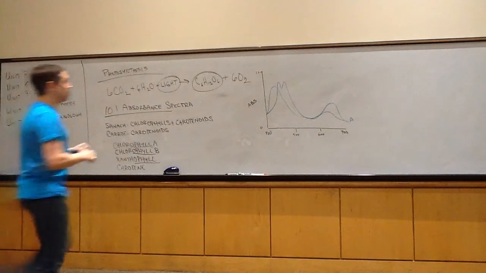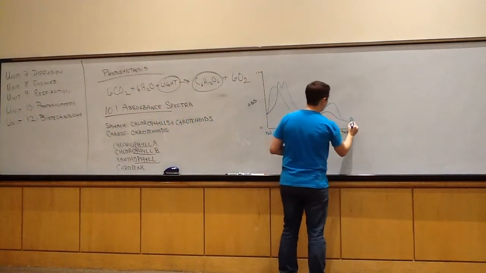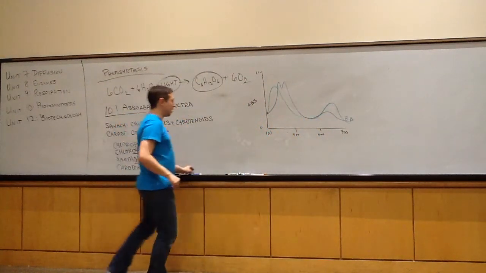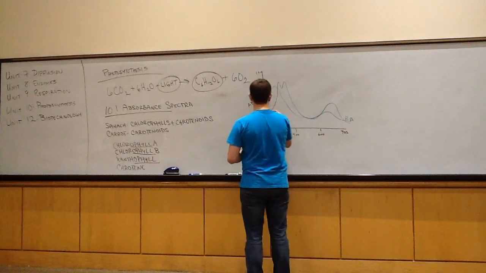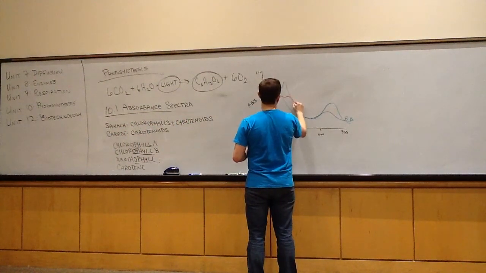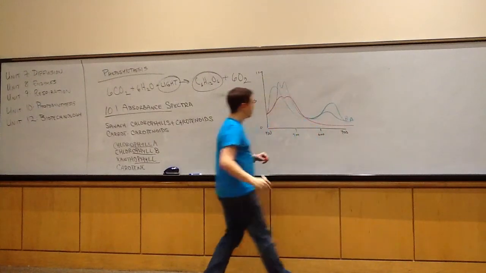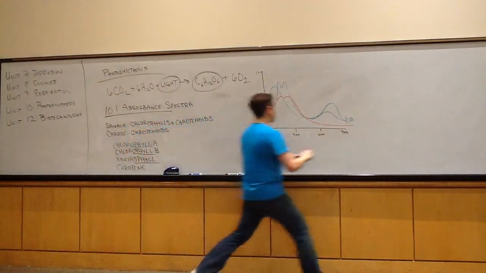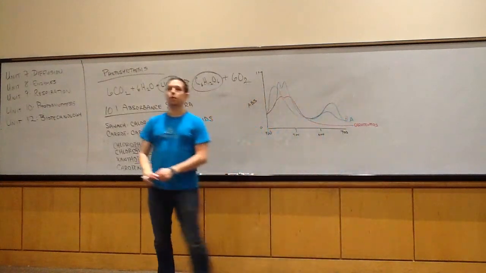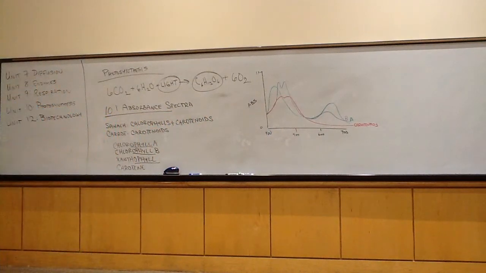So the blue line here, that is chlorophyll B. And then finally, with my carotenoids, I'm going to see something probably like this. So the red here is my carotenoids. They're protective pigments predominantly. They absorb excessive light.